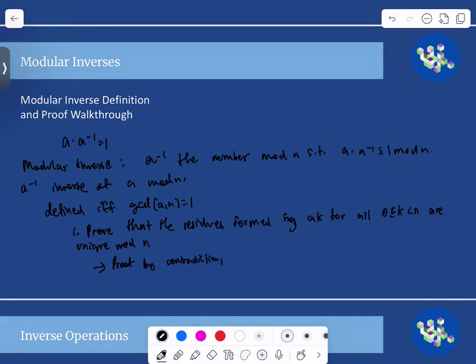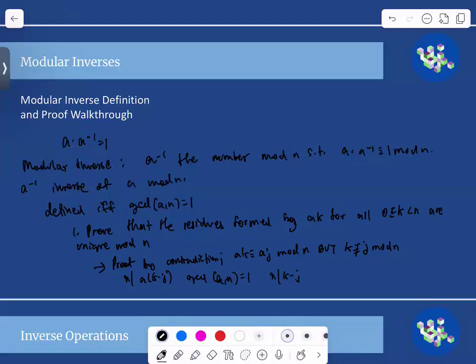And you can say that, for instance, a times some k is congruent to a times some j mod n, but k is not congruent to j mod n. And then using the definition of modular arithmetic, that means that n has to divide a times (k minus j). And since the GCD of a and n is equal to 1, this implies that n divides k minus j, but k and j are not congruent mod n.